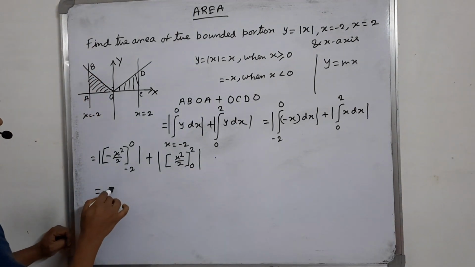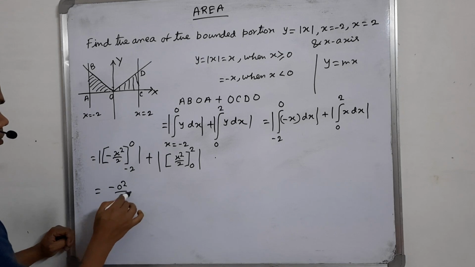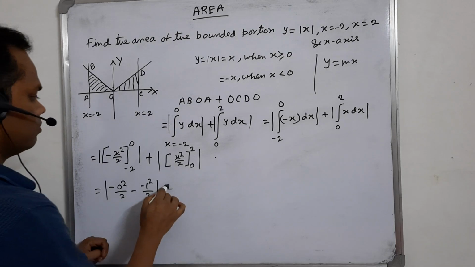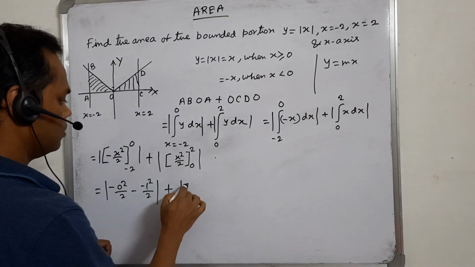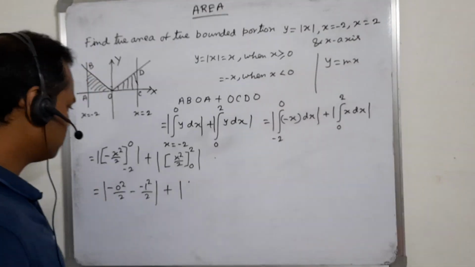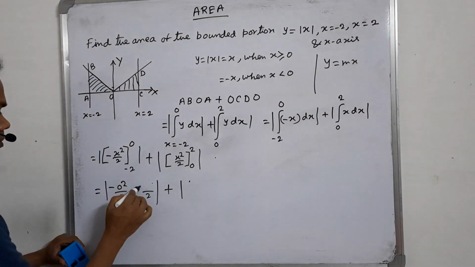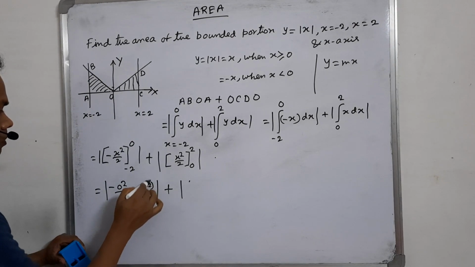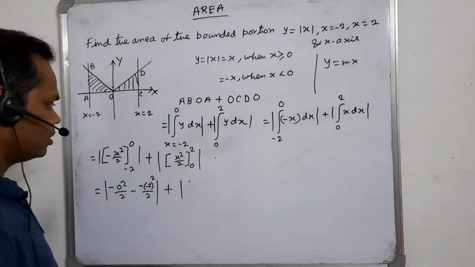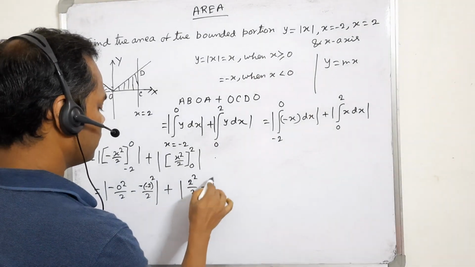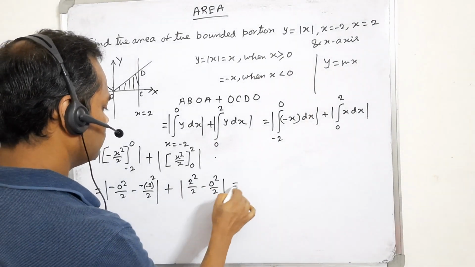this one is -0 square by 2 minus (-2) square by 2 modulus plus 2 square by 2 minus 0 square by 2 modulus.